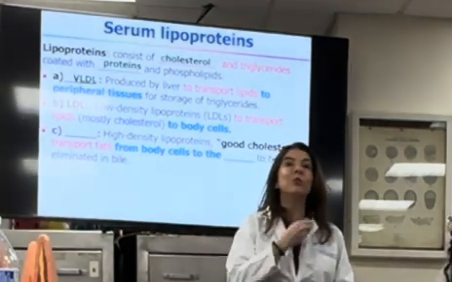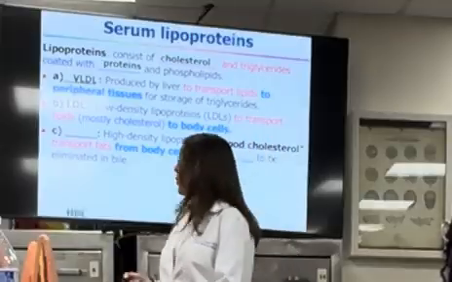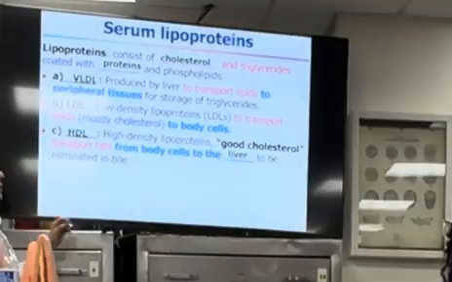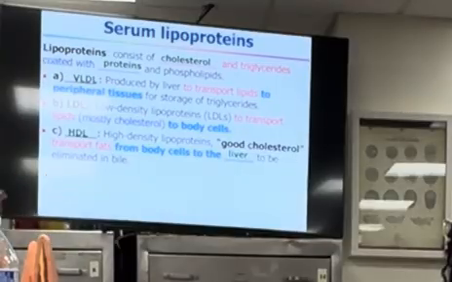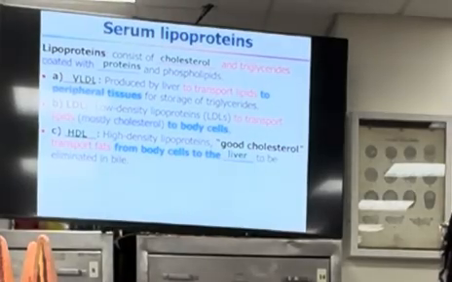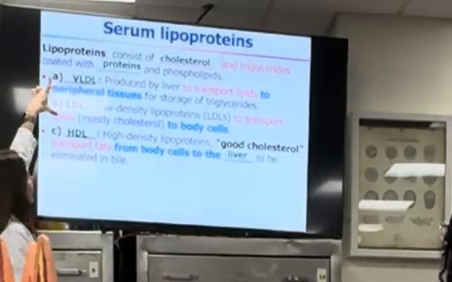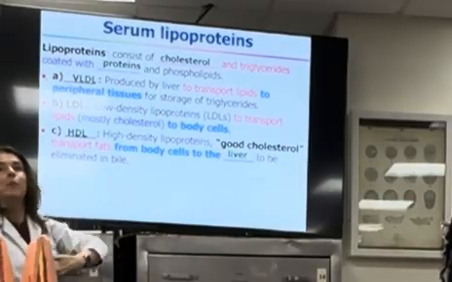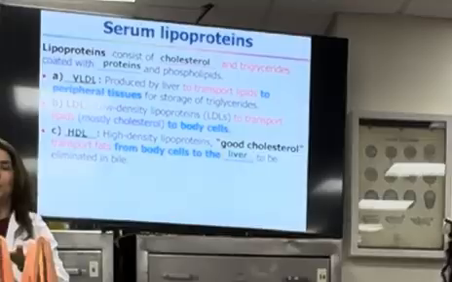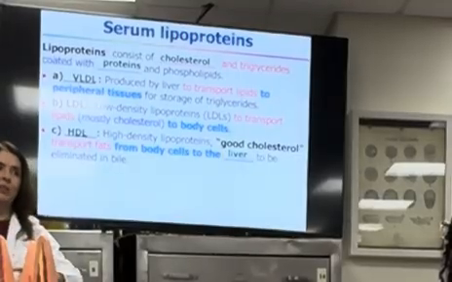It helps us to remove cholesterol and inflammatory materials because it takes them to the liver and the liver eliminates those from the body. Does this make sense? Okay? Alright. So in other words, VLDL and LDL are shuttles from the liver to peripheral tissues. HDL is the opposite, from peripheral tissues to the liver.